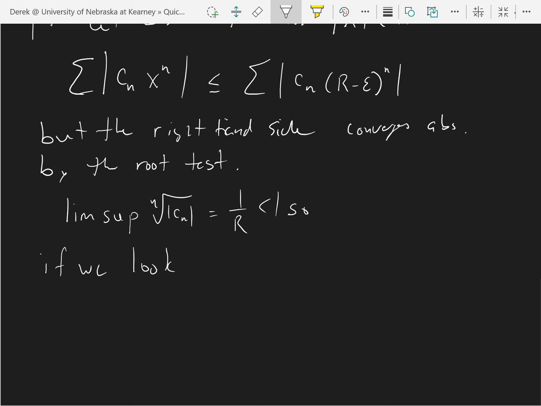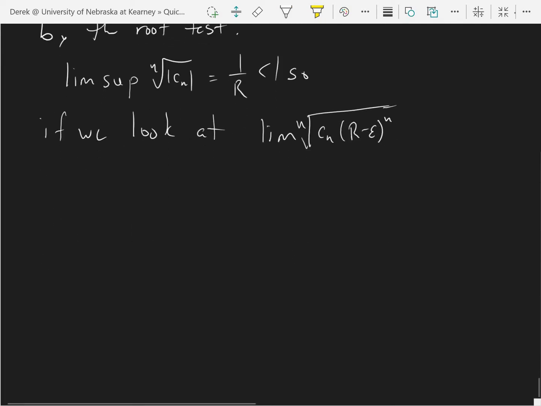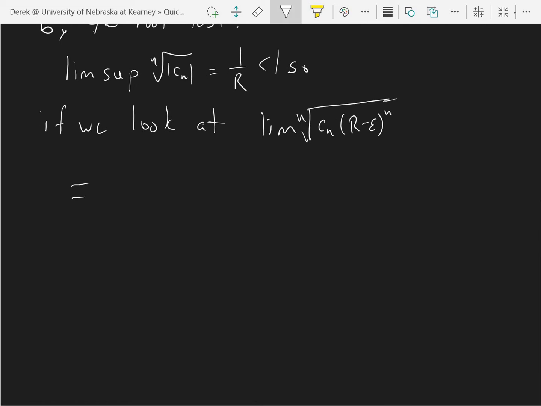If we look at the lim sup of the nth root of c sub n times r minus epsilon to the n, well, I can pull out that r minus epsilon, so it's going to be r minus epsilon times 1 over r, which is also strictly less than 1, right? So it converges by the root test too.